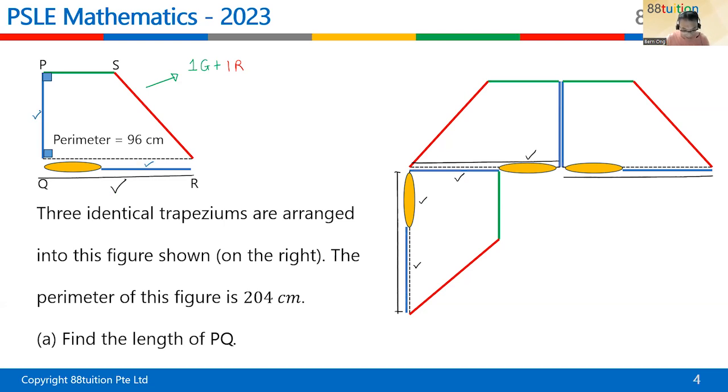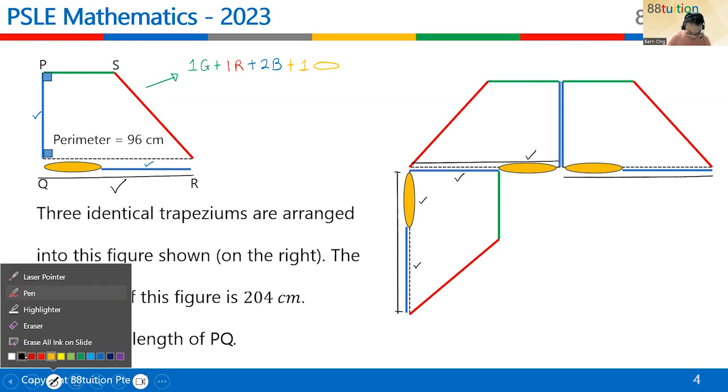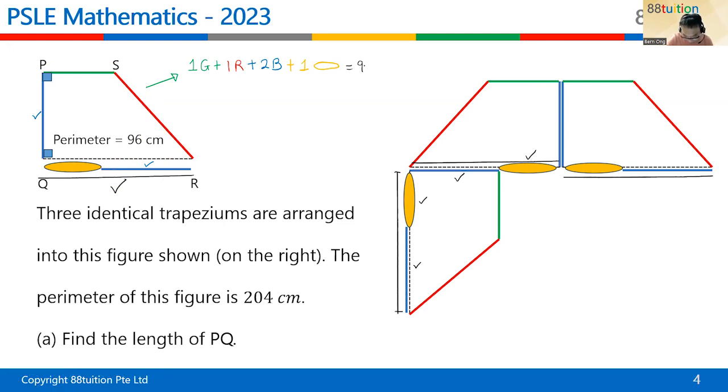So can I say that it's actually two blues plus one orange? Can you follow? So it's one green plus one red plus two blues and the orange. It makes up a perimeter of 96 centimeters.